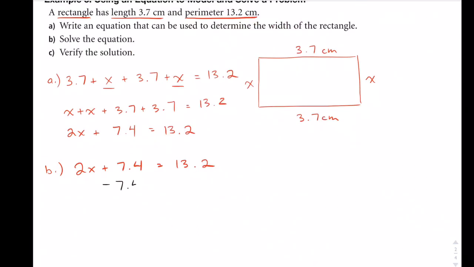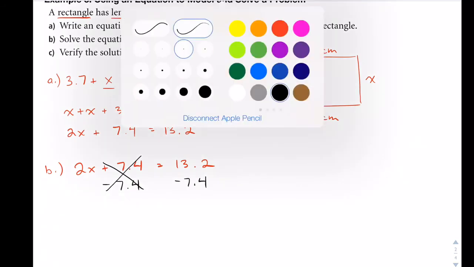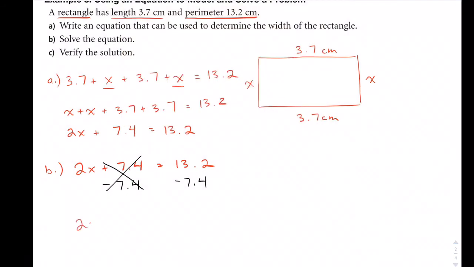So I want to subtract by 7.4 on both sides. So 7.4 minus 7.4, these cancel out. So all I'm left with is 2x is equal to 13.2 minus 7.4. So we're going to figure out what that equals. 13.2 minus 7.4 is equal to 5.8.